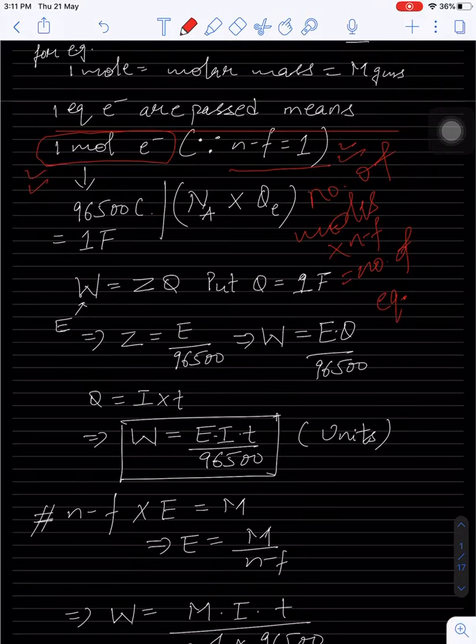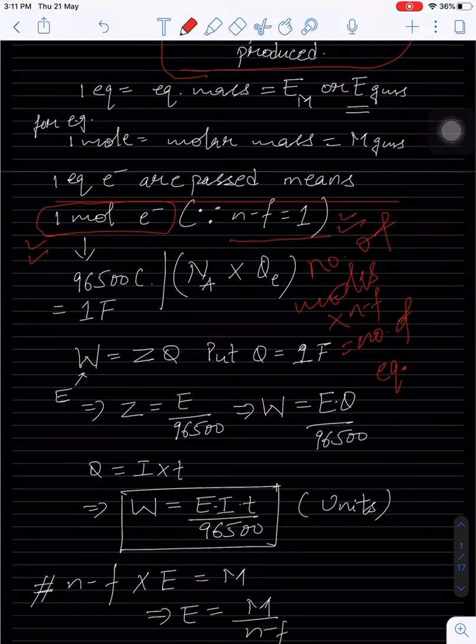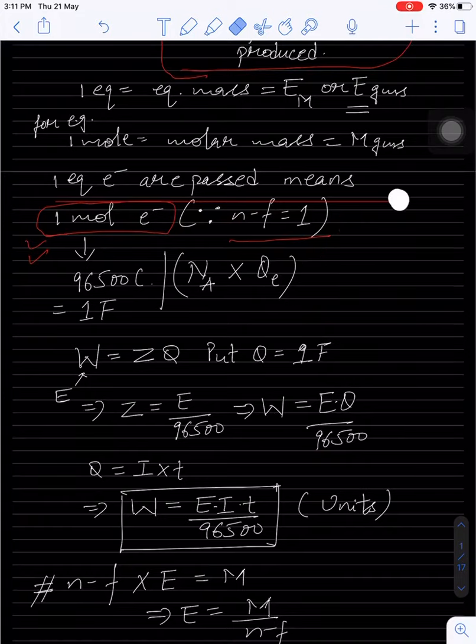In the previous lecture we studied that 1 mole of electrons is equal to one equivalent of charge, or equal to 1 Faraday, or equal to 96500 coulomb. 1 mole means the charge on one electron multiplied by Avogadro number.